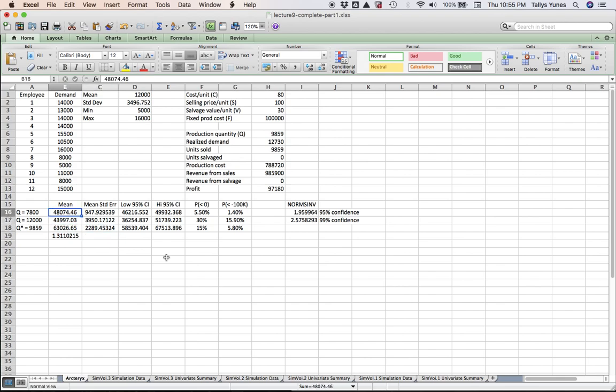Are you okay with going up in profit by 30%, which is gigantic, if the cost of that is going from a 5.5% chance of losing money to a 15% chance of losing money, and going from a 1.4% to a 5.8% chance of losing a lot of money?